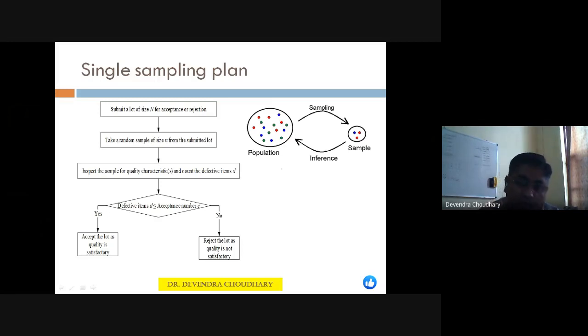Now what should be the ideal values of these parameters? What should be the sample size and what should be the acceptance number?